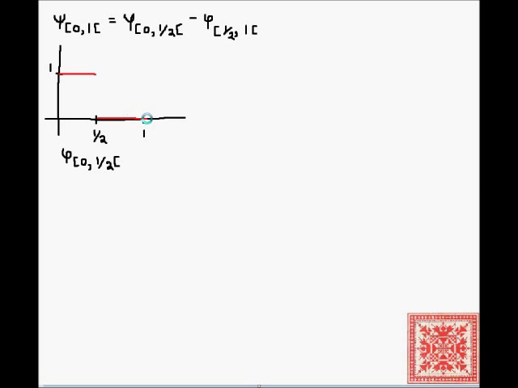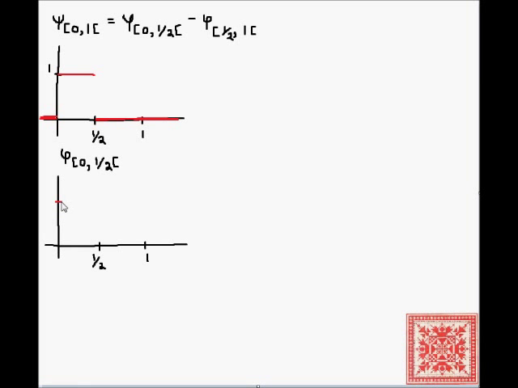So this is 1, and this is what the function looks like: 1 from 0 to 1/2, with 1/2 excluded, and from 1/2 to positive infinity it's 0, and from 0 to negative infinity, 0 not included, it's 0 also.